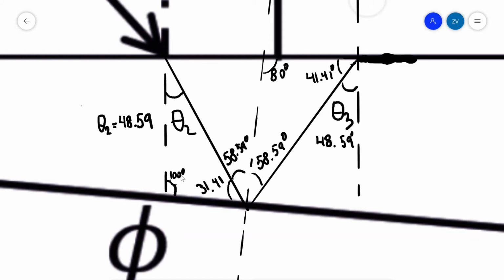Finally, in our final triangle, just over here, the angles need to add up to 180 degrees, meaning that our theta 2 will be 180 minus 100 minus 31.41, giving us a value of theta 2 of 48.59 degrees, which is actually equal to theta 3.